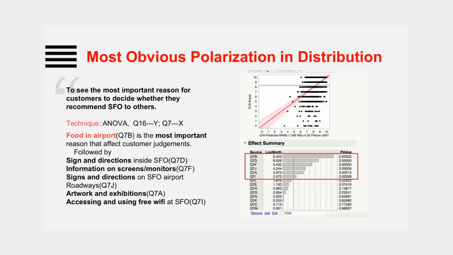Then we use ANOVA and set Q16 as Y and Q7 as X. We find that there are 6 reasons that are really important to the customers' judgment. The most important is the food in the airport, and then the signs and directions inside SFO and outside SFO on the airport roadway.